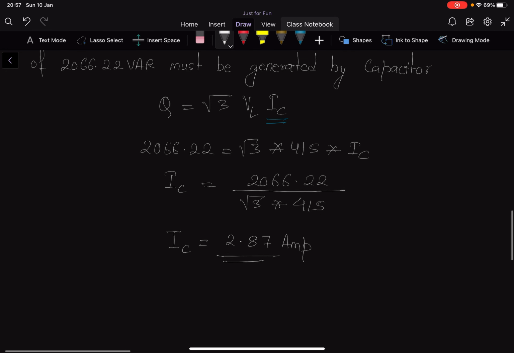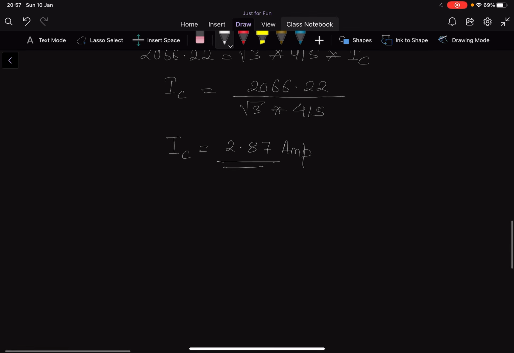Once we get the IC, how do we find the capacitor? We know that XC is nothing but VP divided by IC, the same relationship as Ohm's law.